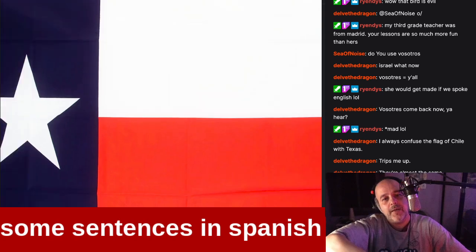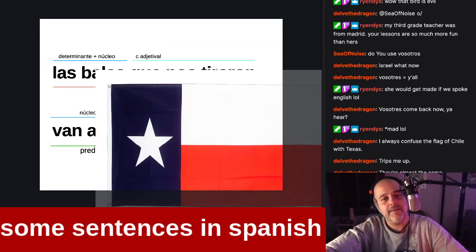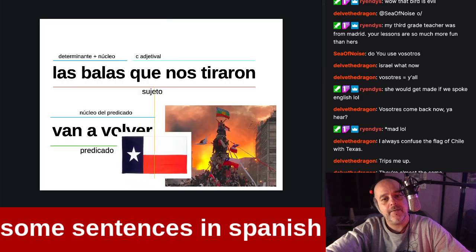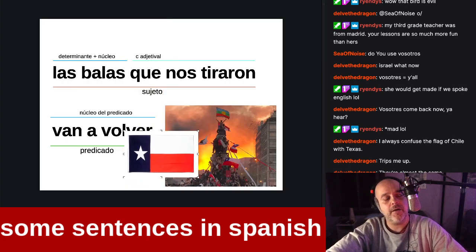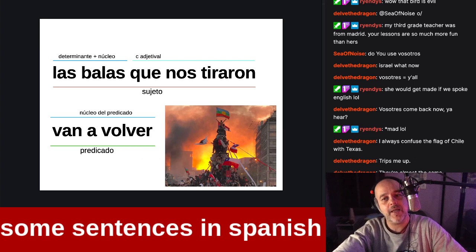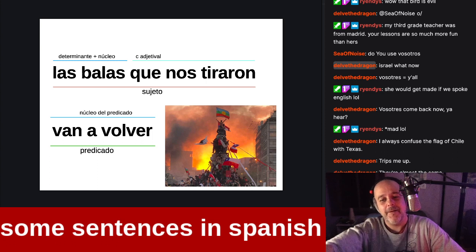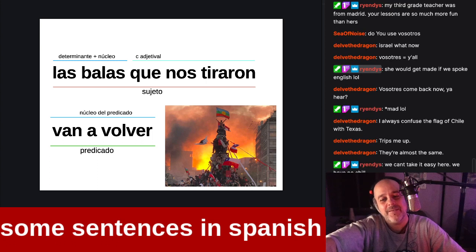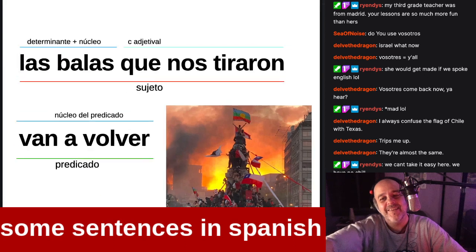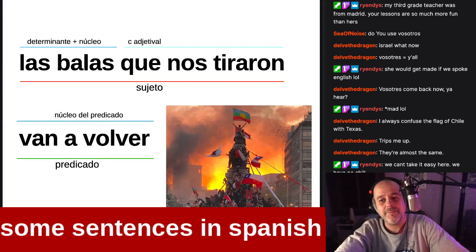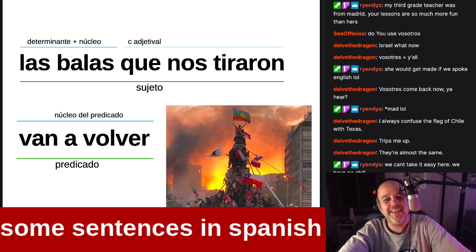Wow, too big. Texans, take it easy. There you go. If this quarter goes all the way down, all the way to the left, and the star goes up a little bit, it becomes a square. It's a Chilean flag. So they look alike a lot, so it's fair enough to confuse them. Almost the same. Almost. We have no chill.